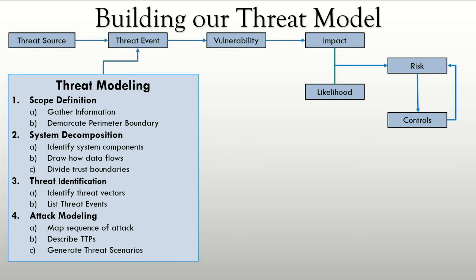And the next, attack modeling. Now that we have identified who these threat actors are, who they most likely will be, we have identified and understood as much as we can what their capabilities are, and we have a rough estimate on the why and what their intended impact on us is. We can start mapping out a sequence of attacks that we think they might try and execute. And there's many different ways to do this.